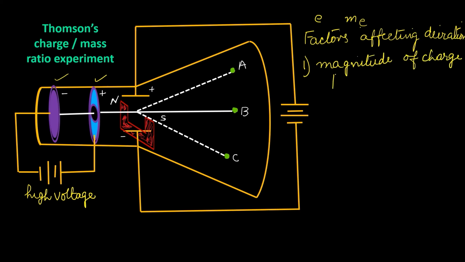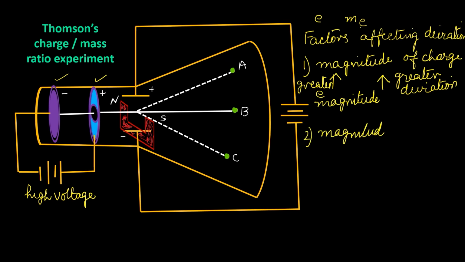When the magnitude of the charge was increased, deviation also increased for the same value of electric field and magnetic field. Another factor was the magnitude of the electric field. For the same magnitude of charge, greater electric field gave greater deviation.